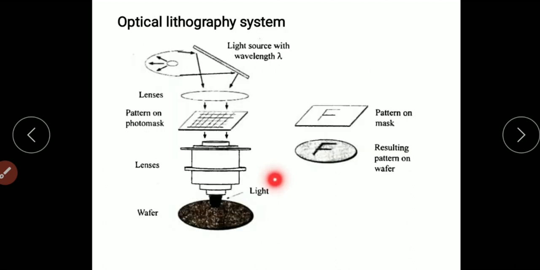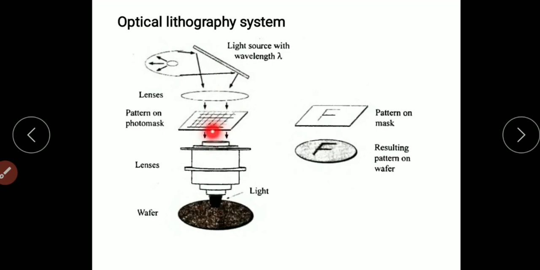Now we will see the arrangement of the photolithography process. This is the silicon wafer. On the silicon wafer I want to develop a pattern. How do we develop a pattern? By using a mask. This is the mask, and it has some pattern. Here you are using a lens, and through the lens you send UV rays. They pass through the mask.